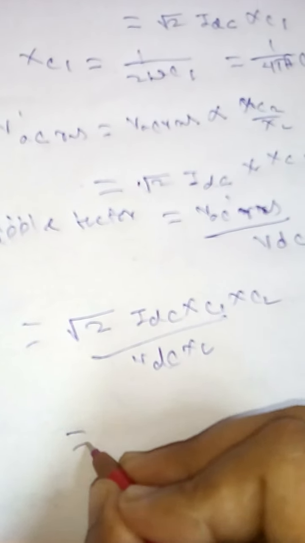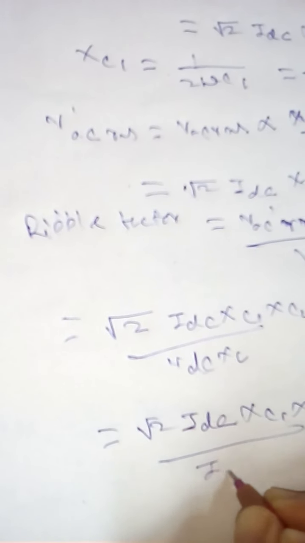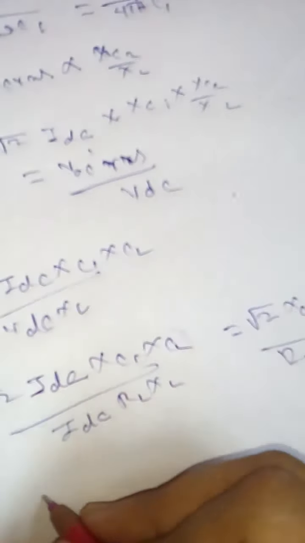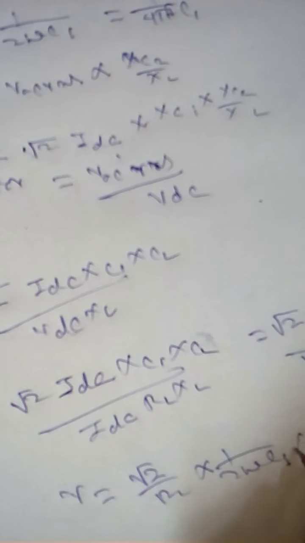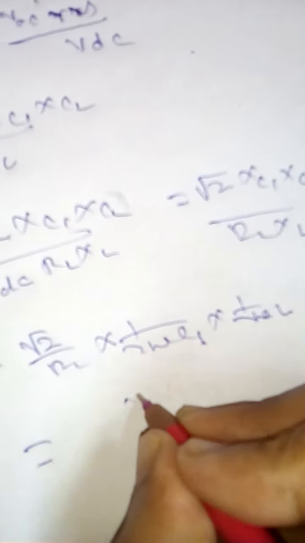So the equation is root 2 IDC XC1 XC2 by IDC RL XL, which equals root 2 XC1 XC2 by RL XL, or root 2 by RL into 1 by 2 omega C1 into 1 by 2 omega C2 into 1 by omega L. So we get the equation 1 by 4 root 2 omega cube C1 C2 L RL. So this is for the pi filter.